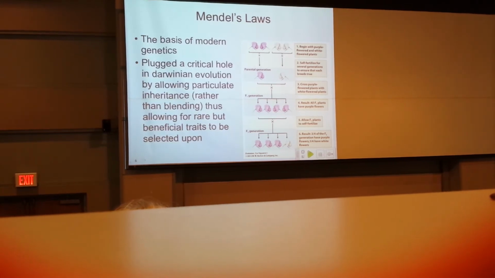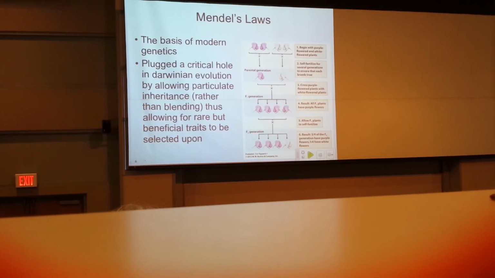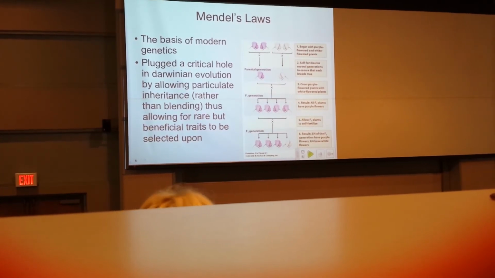So Mendel's laws have become the basis for modern genetics with some caveats. But this plugged a really important hole in what Darwin was looking at, because Darwin and his contemporaries believed that if you had two parents, their characteristics were simply blended and mixed together.